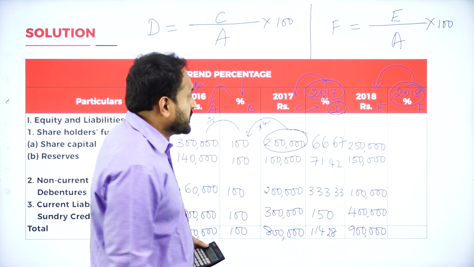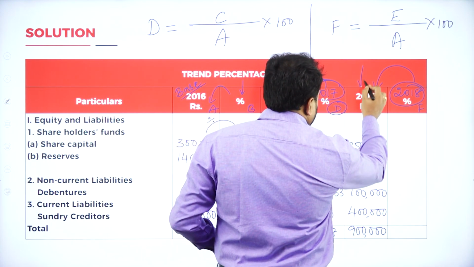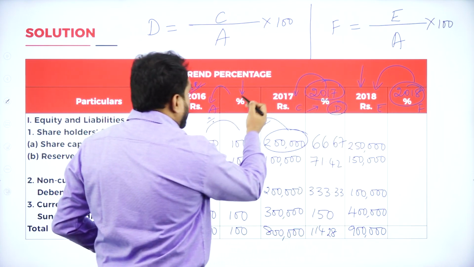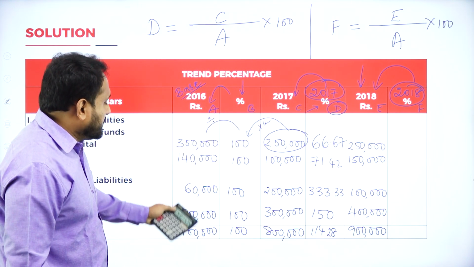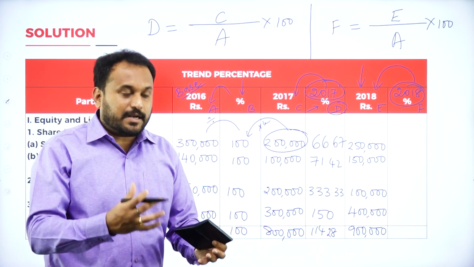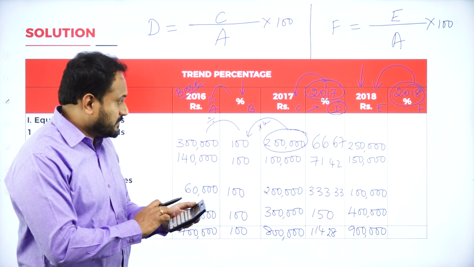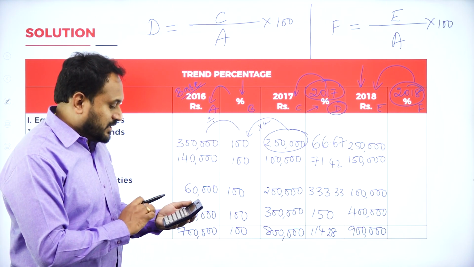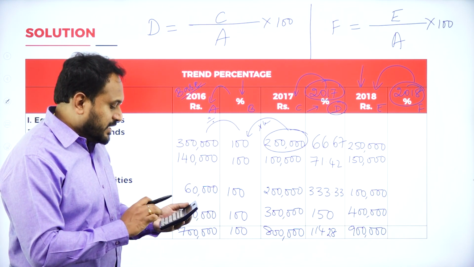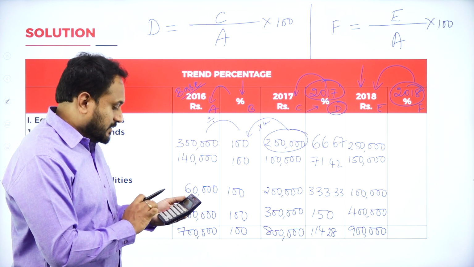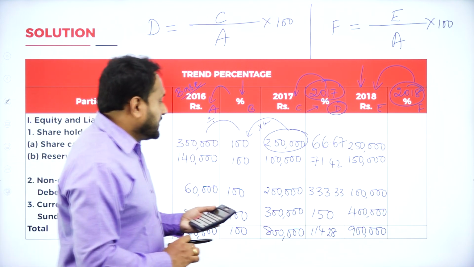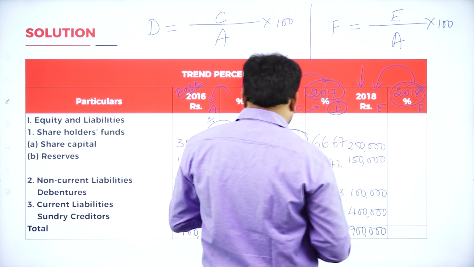What is that we should do? This is E. E into 100% divided by 2016, because 2016 is our base. So let's go with this. 2,50,000 into 100 divided by 3,00,000 is 83.33.